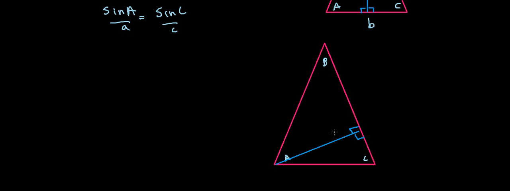Now someone might say, well, I'm dividing this arbitrarily to give me two 90-degree angles. How do I know that when I do the same thing, these two are going to be equal to each other? Well, the thing is that these two triangles are going to be the same proportionally.